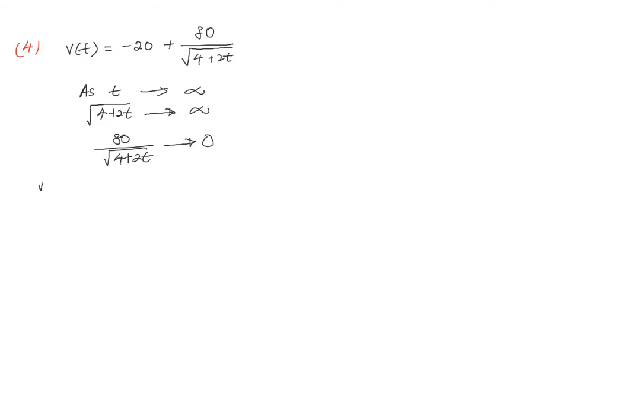Then I go to v(t), which is negative 20 plus 80 divided by the square root of 4 plus 2t. It will approach... Krishalini, can you give me the answer? Negative 20. Good.